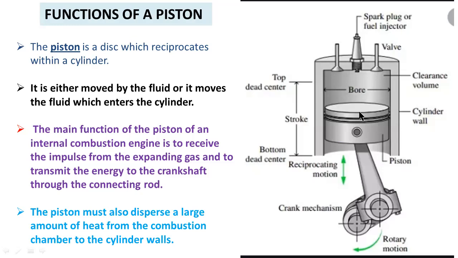Here this piston transfers the heat to the cylinder walls. The cylinder walls transfer the heat to the surroundings by thermal conduction. Here thermal means heat and conduction means transferring of heat from one solid surface to another solid surface.